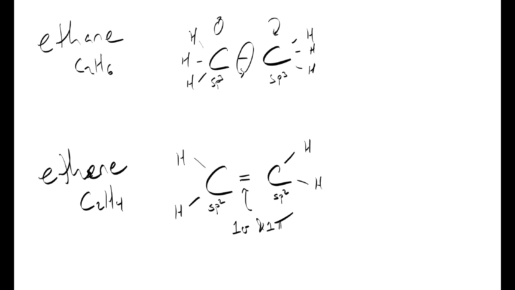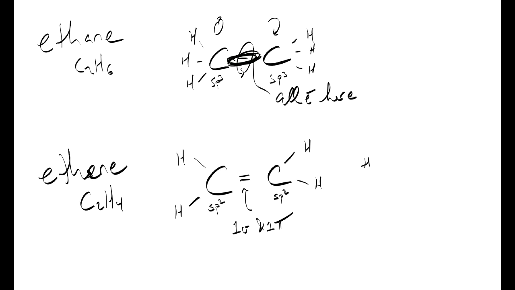Because that single bond, all of the electrons are located in between the two carbons. Okay, so all electrons here, they're in between them. They're on that internuclear axis. So if you spin it any which way you want, that's not going to change the location of those electrons. Whereas that cannot be said of this ethene down here.